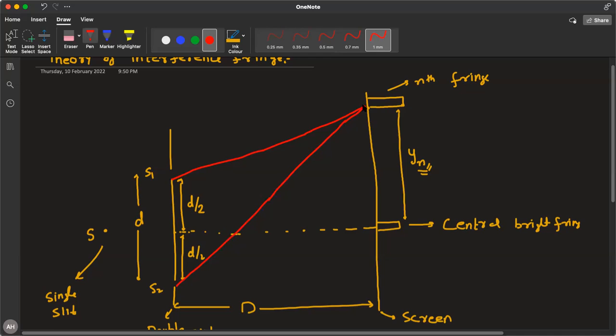So I call this point P. Some waves are coming from S1 and a few waves are coming from S2. When both waves arrive at point P, they superimpose and form a fringe. So can anyone tell me the path difference between the waves arriving at P from S1 and S2?